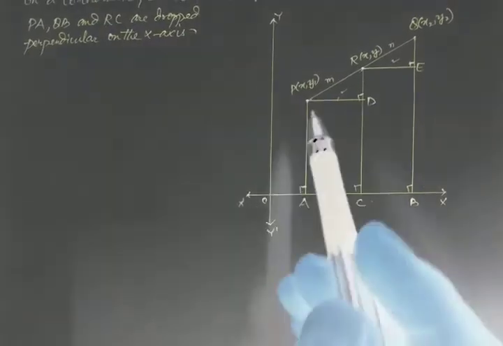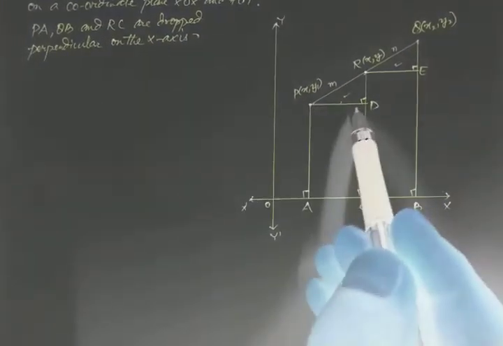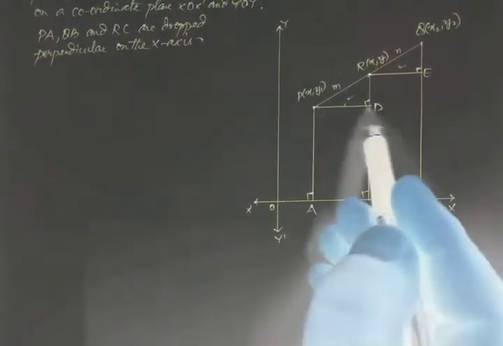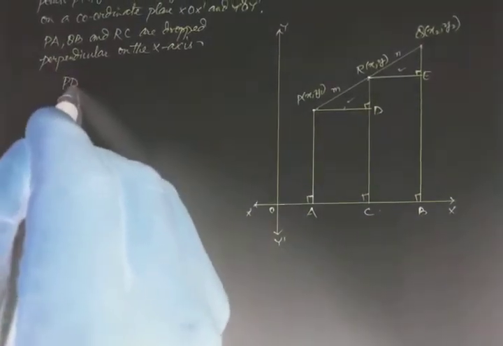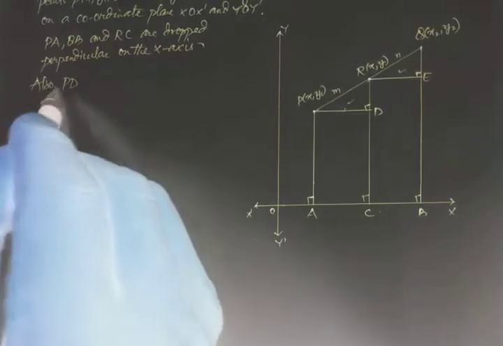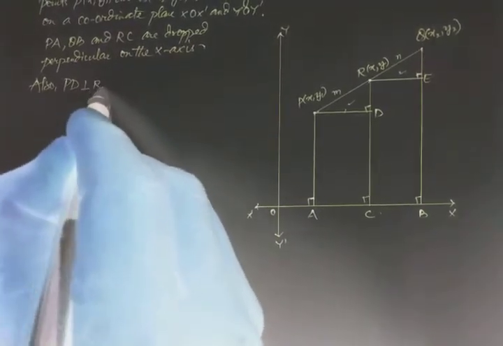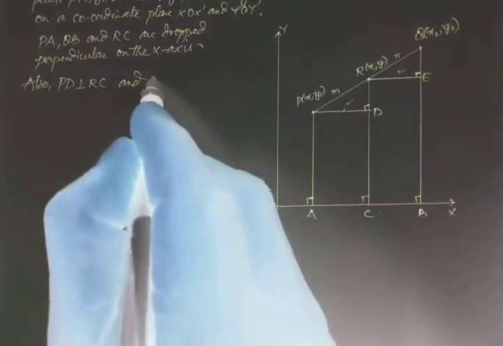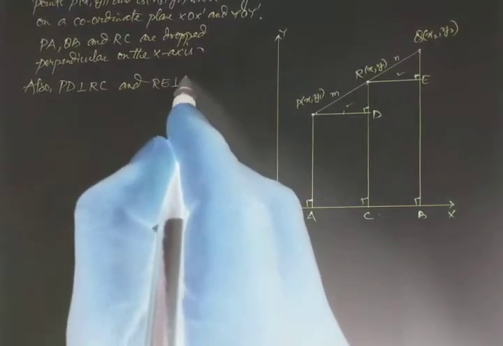So here, to find the first side PD, let's write the construction. PD perpendicular to RC and RE perpendicular to QB are drawn.